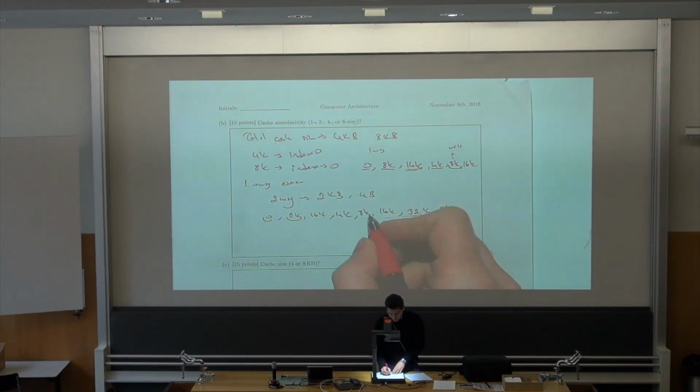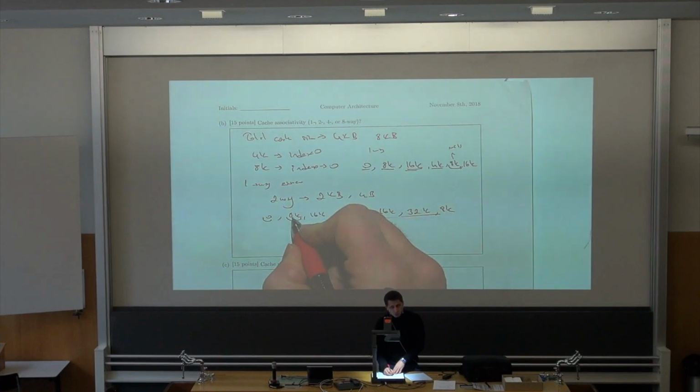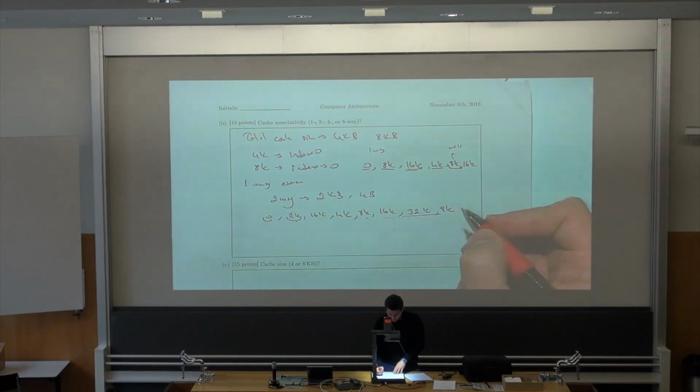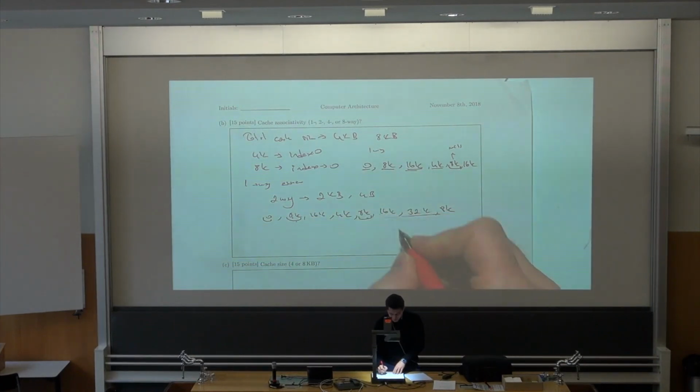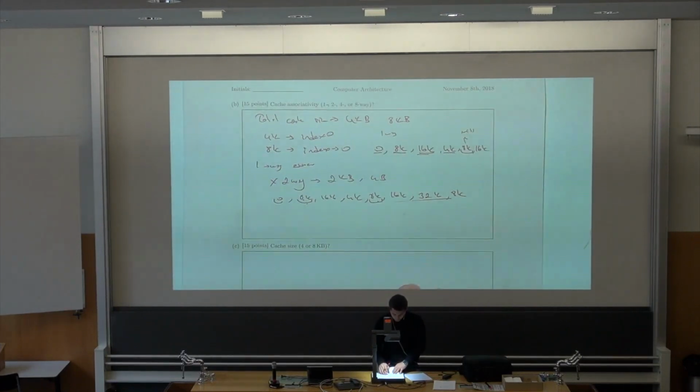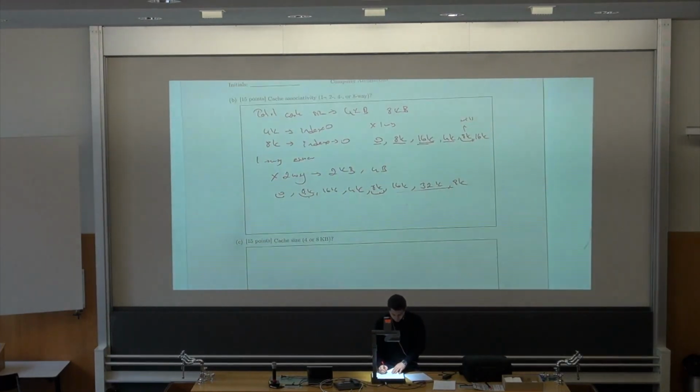So for sure 8 or 0 will be gone. Actually both of them, right? So when I try to access 8 here, it won't be in the cache. So this will be a miss again. All right? So 2-way doesn't work as well, and one-way also doesn't work.